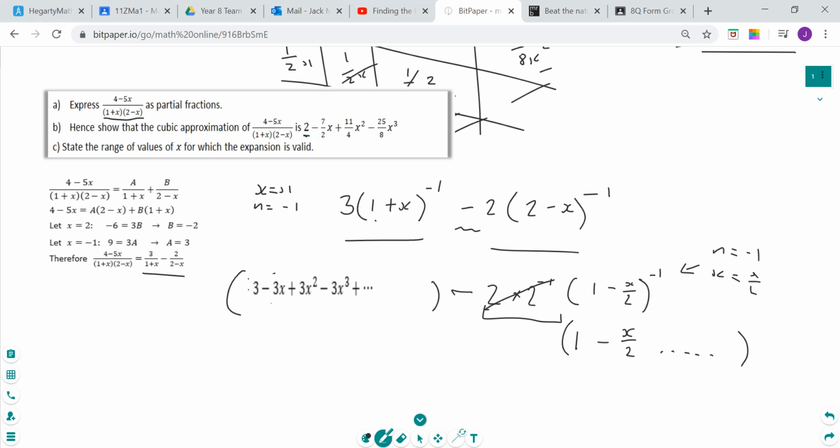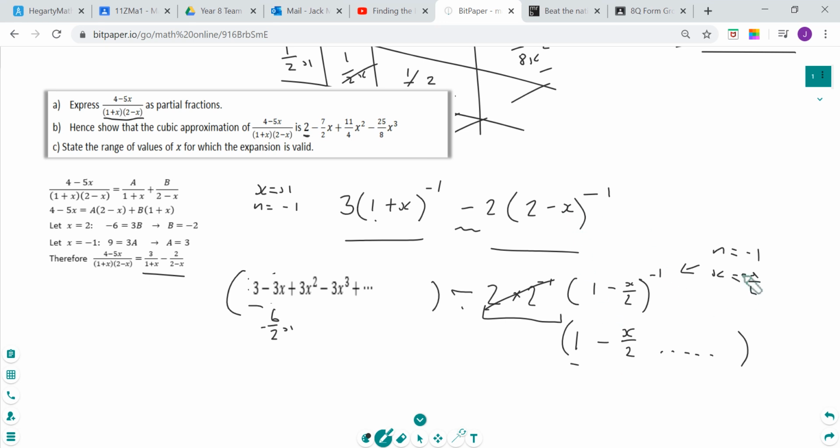Can you see where the 2 is coming from? It's coming from a 3 minus a 1. Okay? 7 over 2x. So 3x, that's the same as 6 over 2. So it's the same as minus 6 over 2x. And then minus, okay, what's going on here? What's going on here exactly?